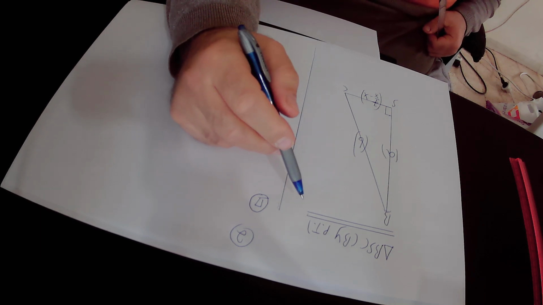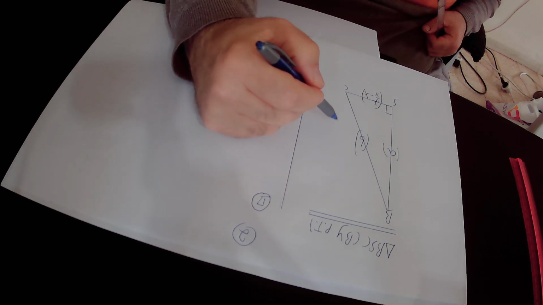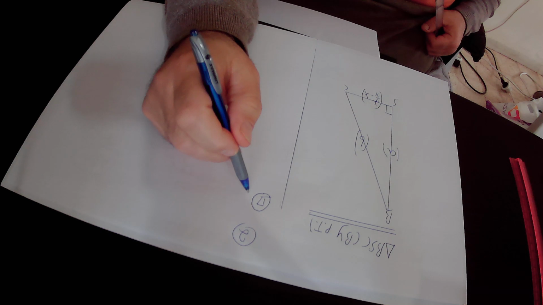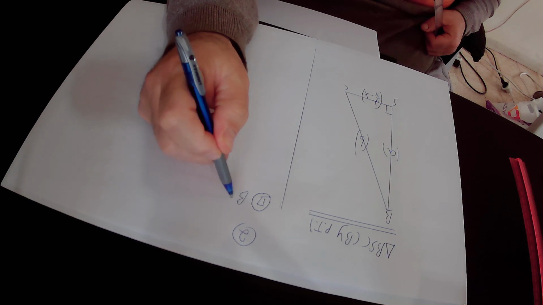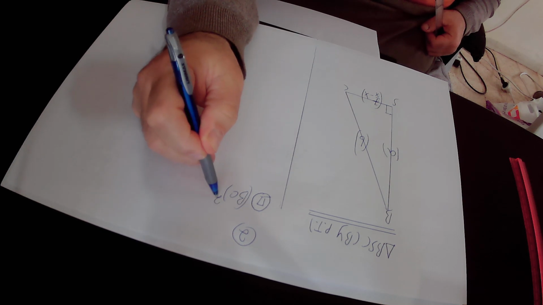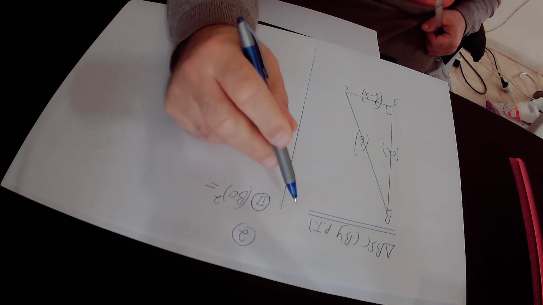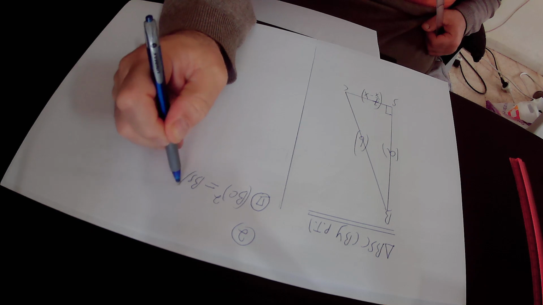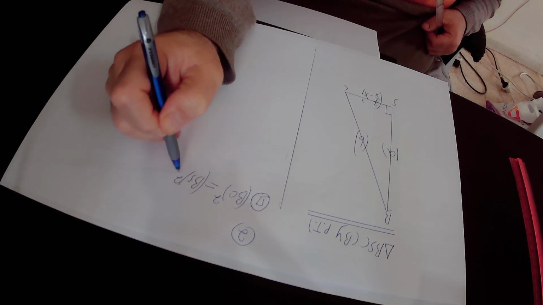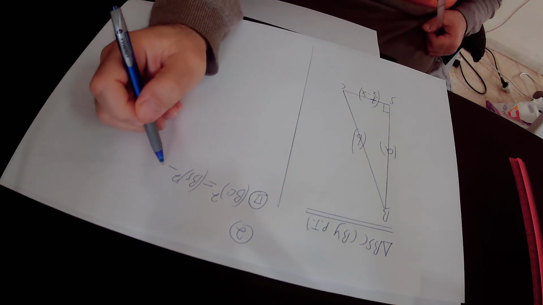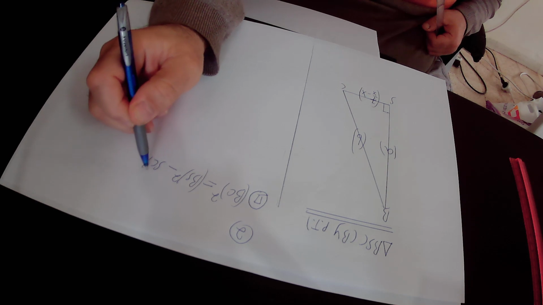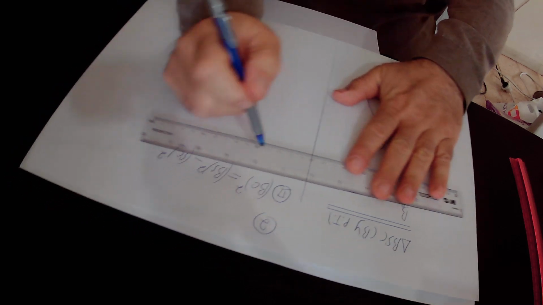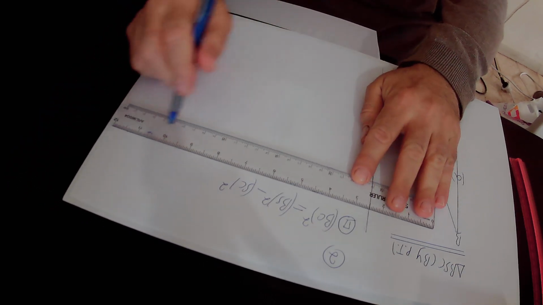The hypotenuse in this right triangle BSC is BC, and therefore the square of the hypotenuse is BC square, and it must be equal to BS square plus SC square. So this is equation 2.